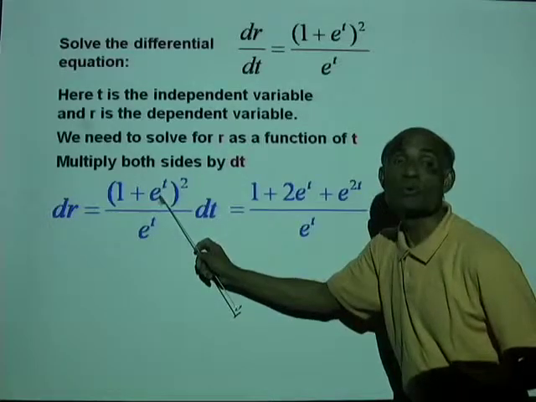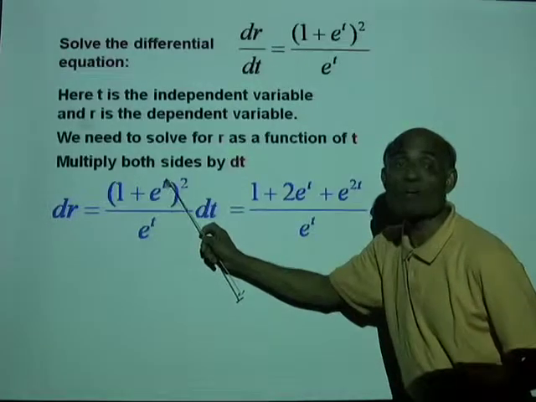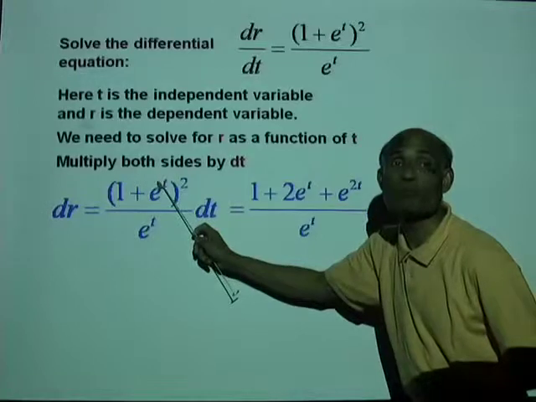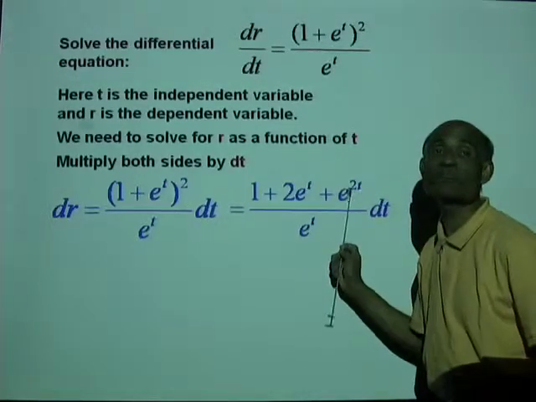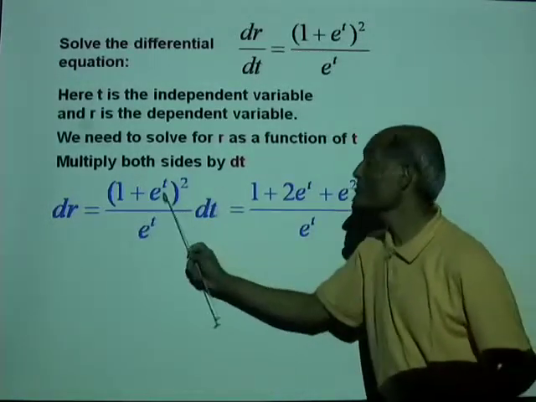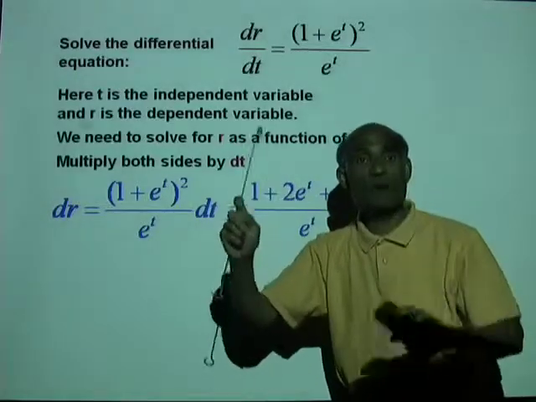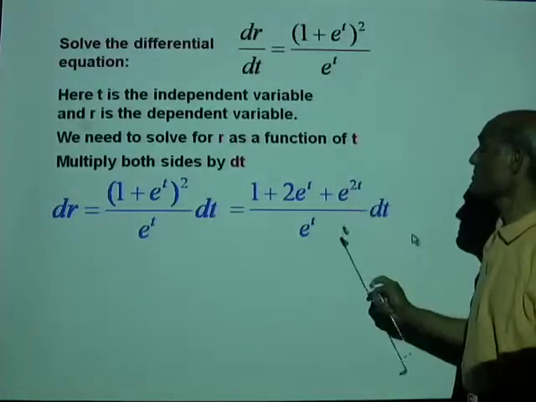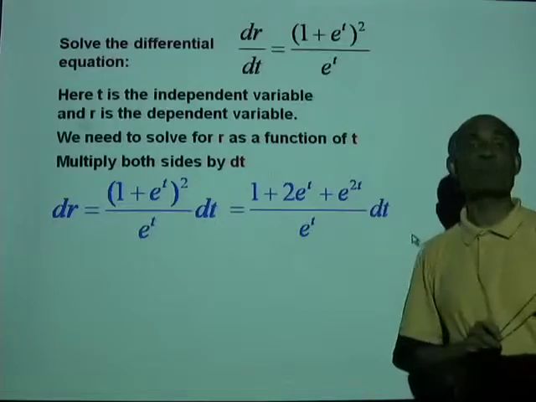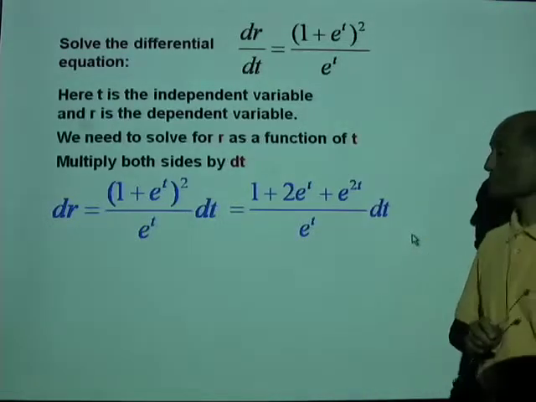Then when you raise a power to the power of 2, simply multiply that power. That will be e to the power of 2t. So e to the power of t raised to the power of 2 is e to the power of 2t, all divided by e to the power of t.